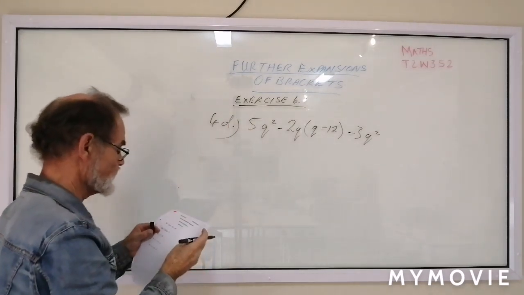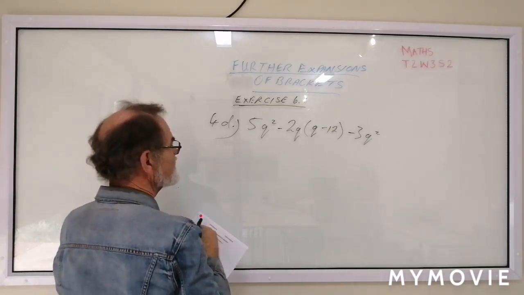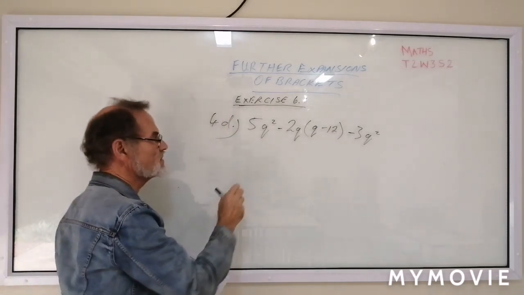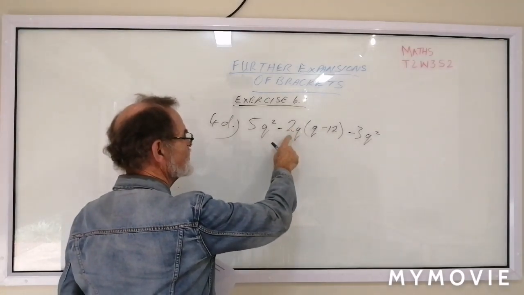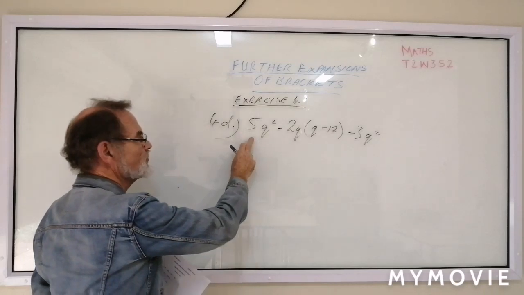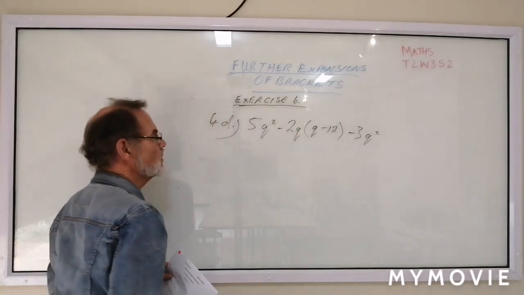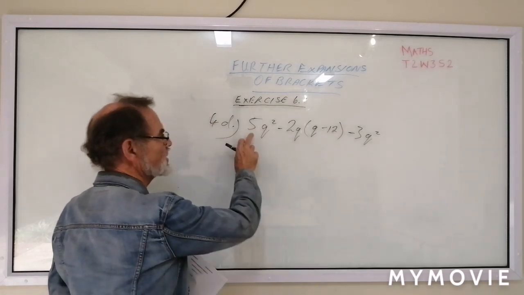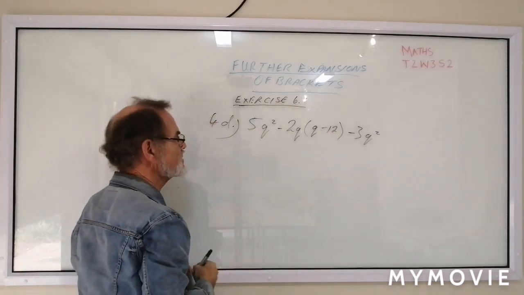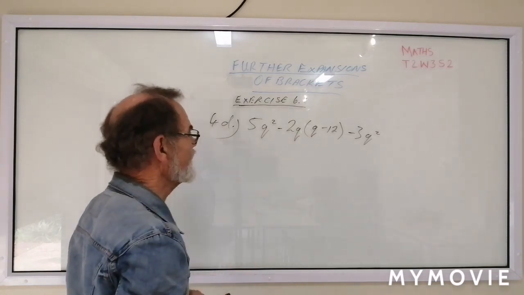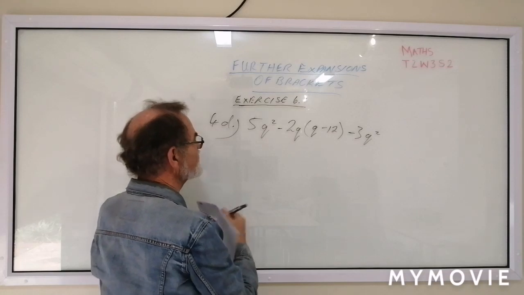This 5q squared can just stay outside the bracket. If you look at this, you've got a bracket multiplied by 2q here, and here you've got 5q squared, and here you've got minus 3q squared. So to simplify this, we can straight away subtract this minus 3 from this 5 here to make our working easier.